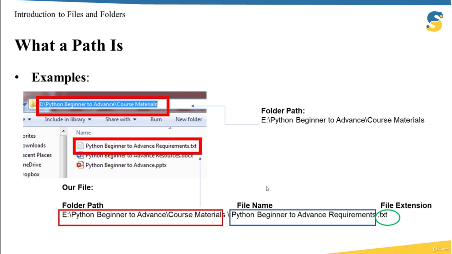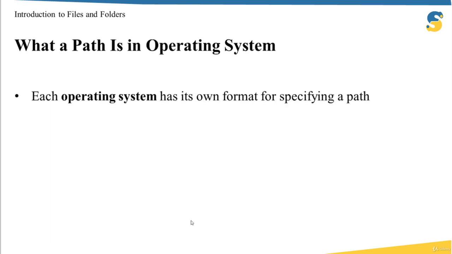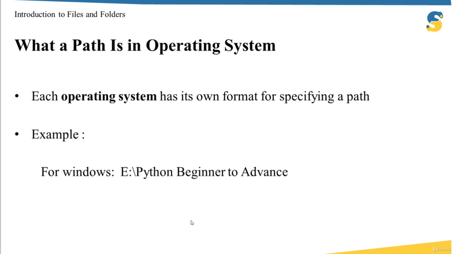OS is a module that we usually use to work programmatically with our operating system. Now, after we have seen an example of a directory path and a file path, let me give you a very important point. Each operating system has its own format for specifying a path. So for example, when you want to define a path in Windows, you will use a backslash, whereas in Linux, we don't use a backslash, we use a forward slash.